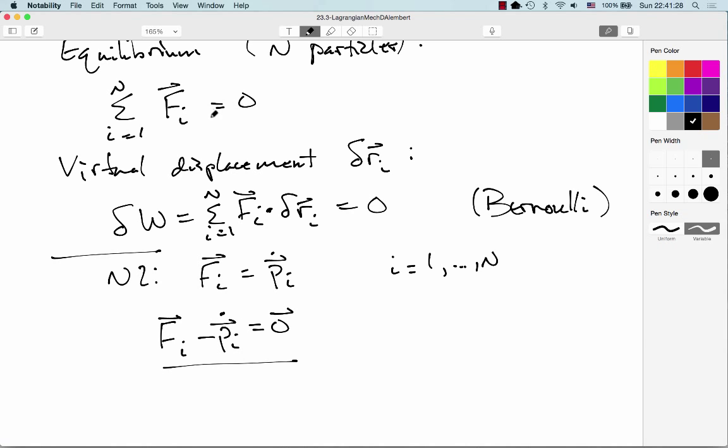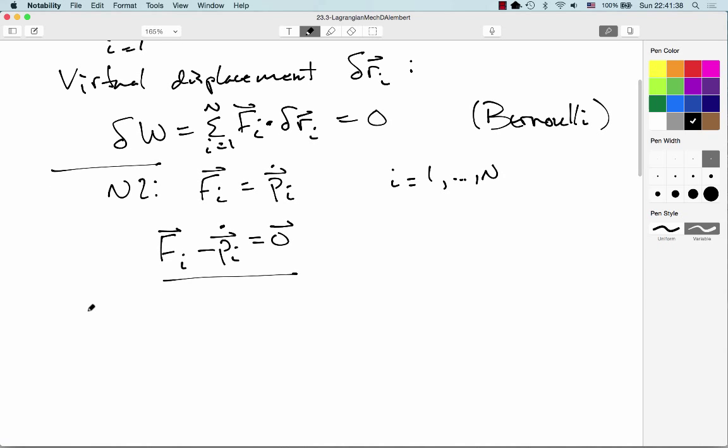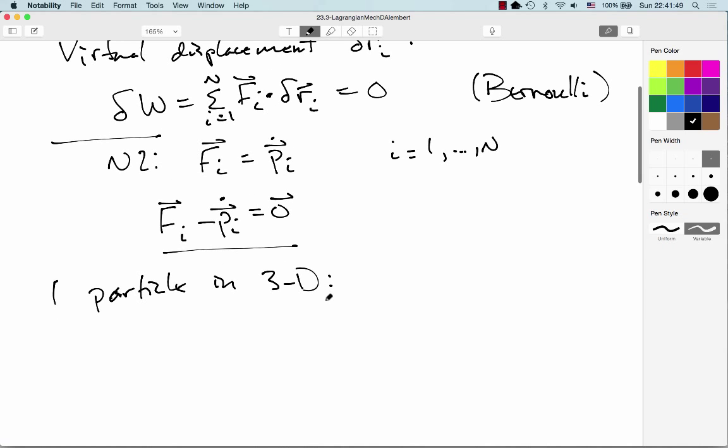So we can go back to Bernoulli's idea and calculate the virtual work for anybody. Let's look at one particle in 3D just to make it somewhat straightforward. The virtual work will be exactly the same thing.